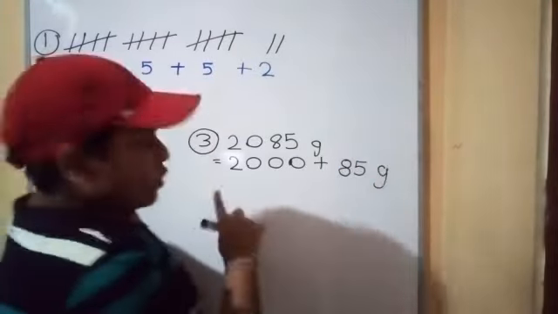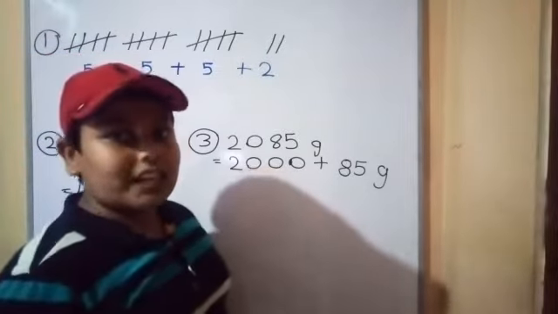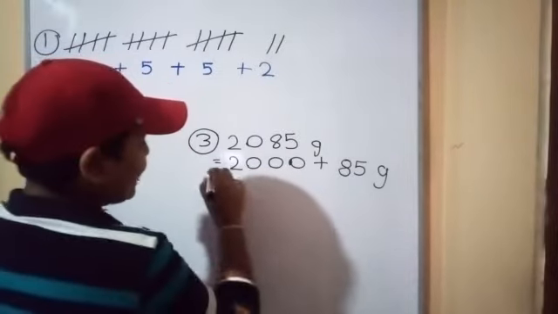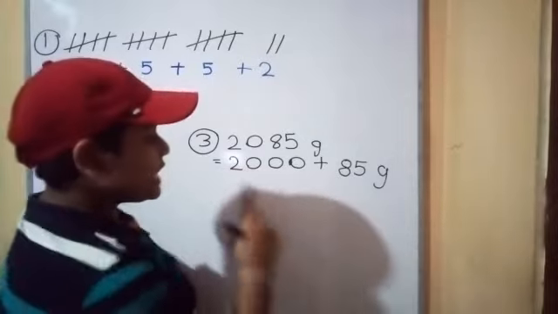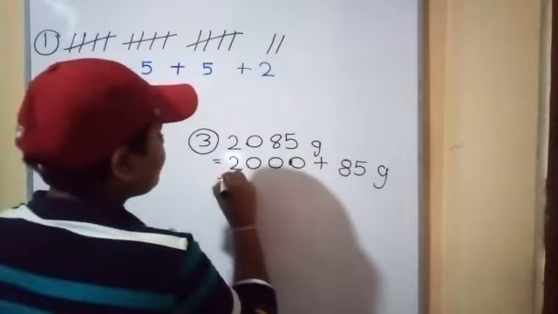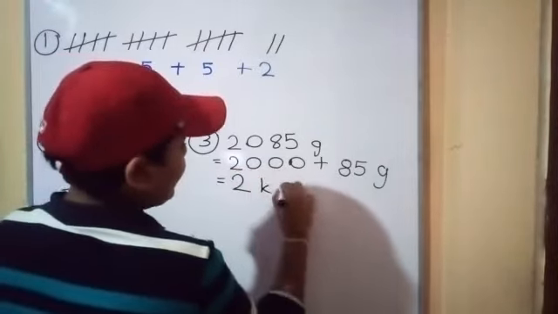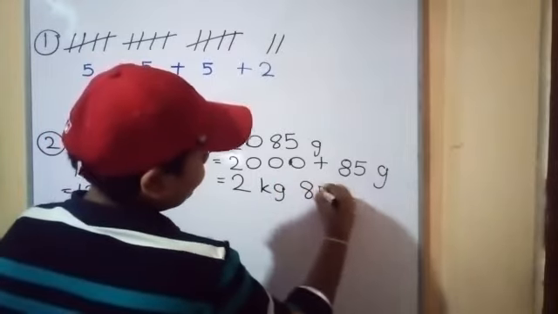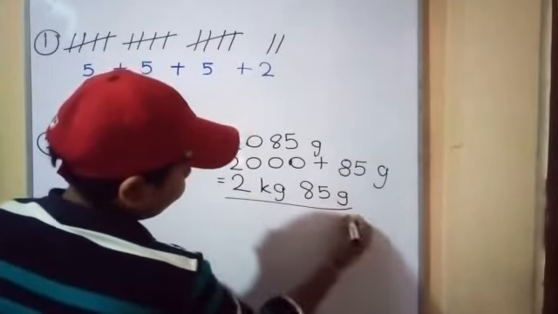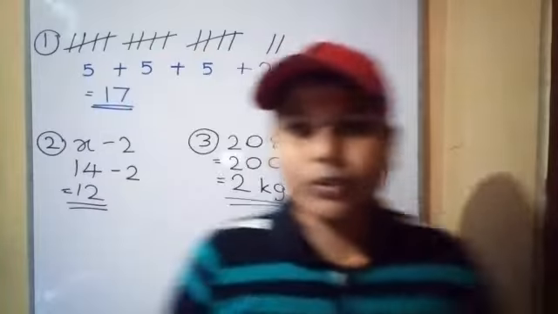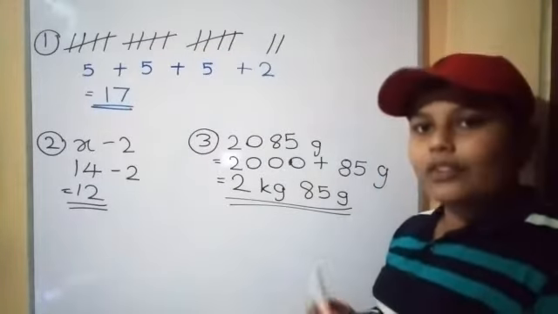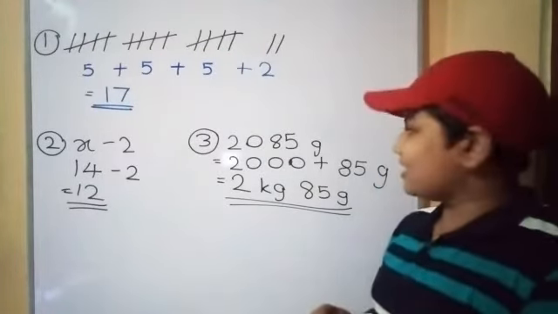Now 2000 grams means what? 2 kilograms, because 1 kilogram is 1000 grams. So 2 kilograms 85 grams is the answer for the third question.